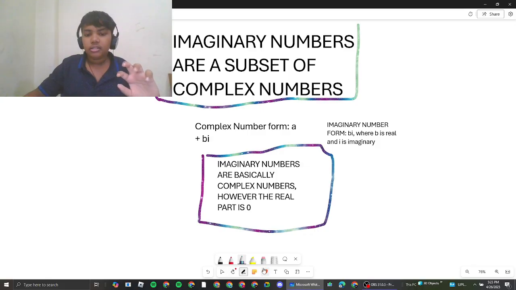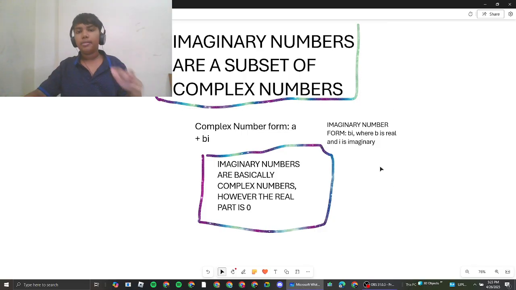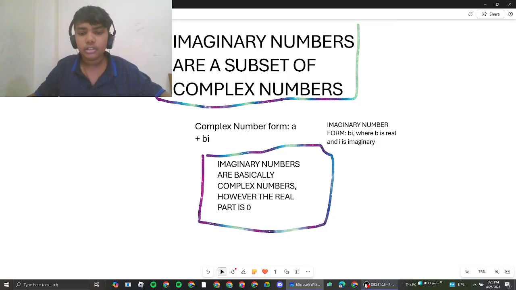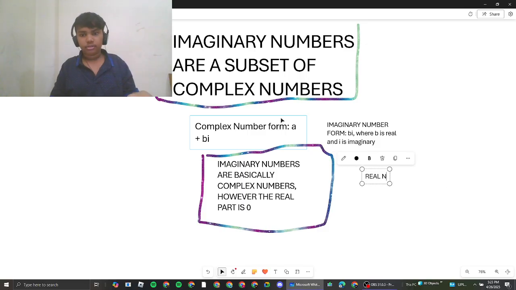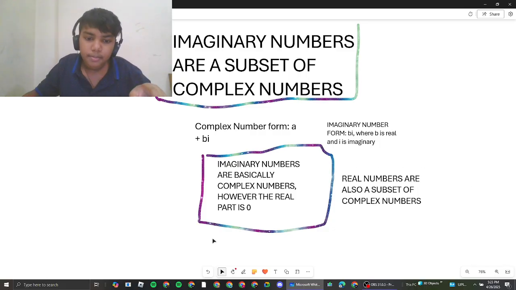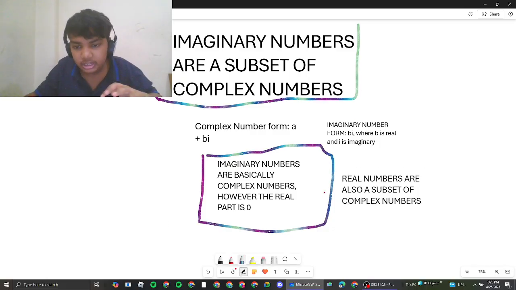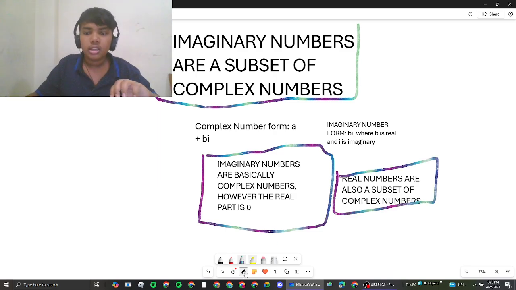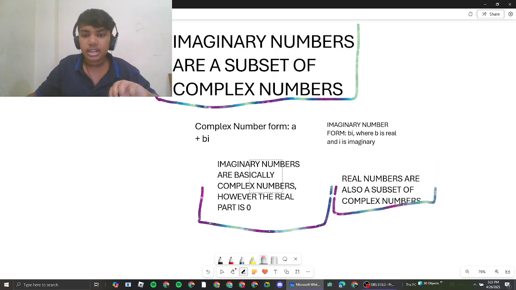And real numbers are also a subset, of course. Because subset means the numbers which are consistent inside of that.